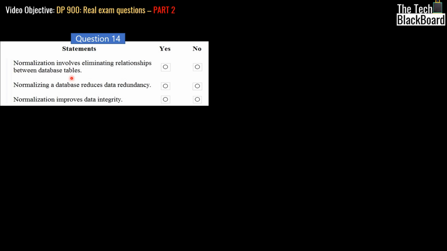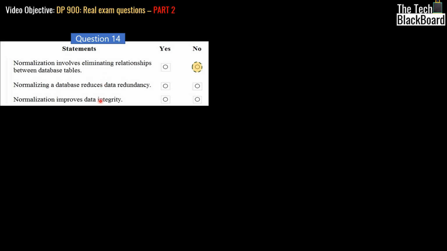So normalization is essentially building the relationship between the database tables, which is quite the opposite of this one. So this statement is definitely no. Normalization is not about eliminating relationships, but it is more about building the relationships between the database tables.